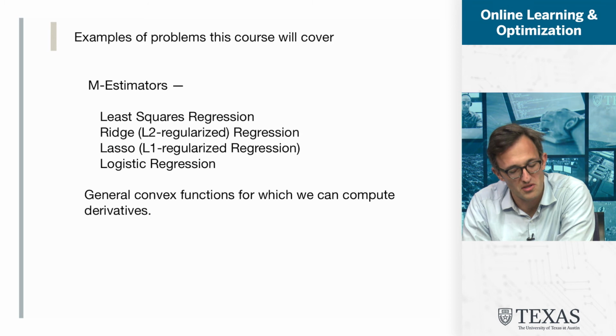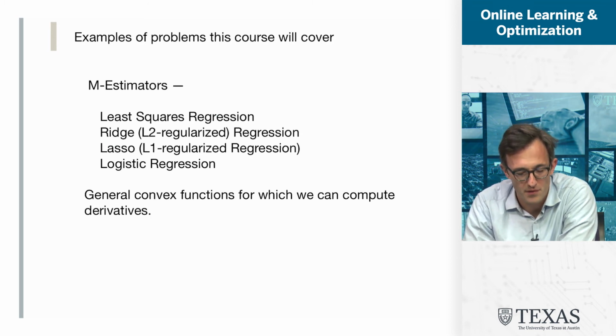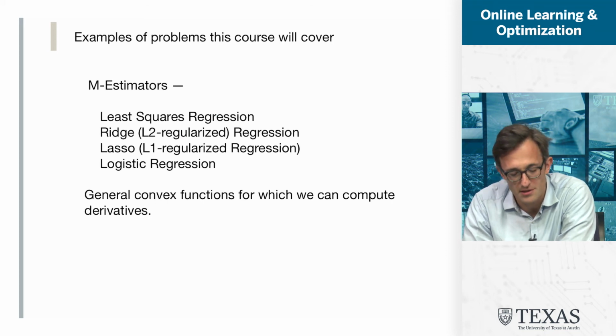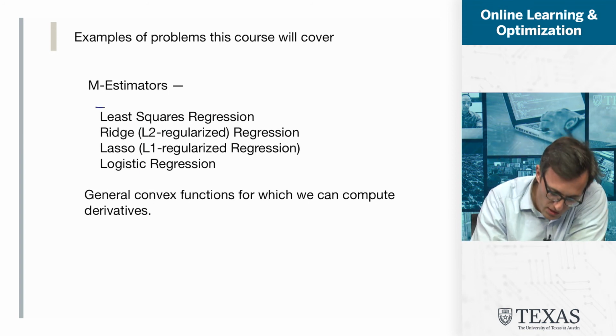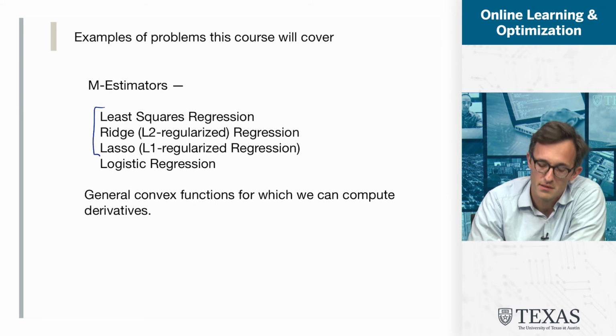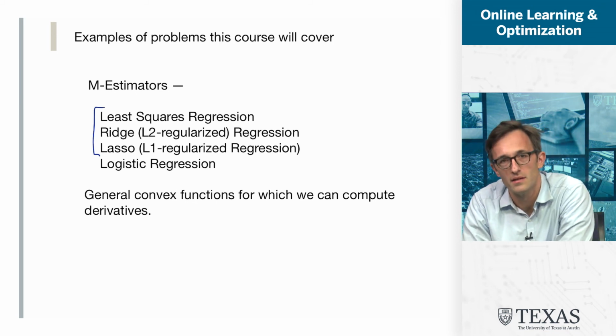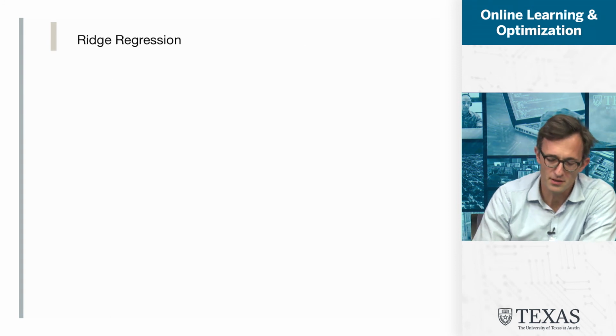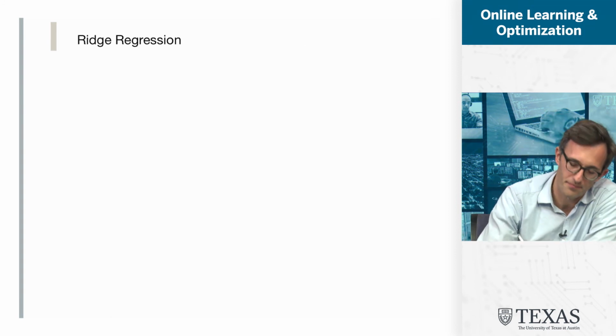Examples of M-estimators include just simple least squares regression, what's called ridge regression or L2 regularized regression, lasso, logistic, and so on. I'm going to focus on these three, tell you what they are, and we'll give a first crack at seeing how different algorithms perform. So let's talk about ridge regression first of all.